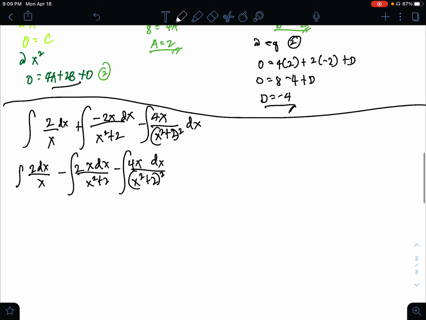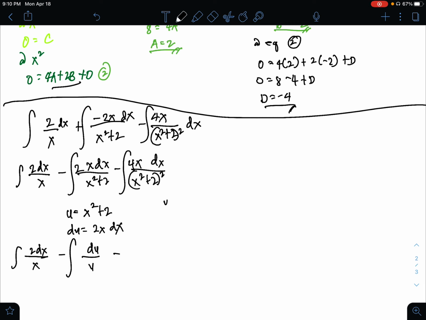Okay, so this is 2 dx over x minus 2x dx, which is du over u, minus 4x dx over x squared plus 2 squared.